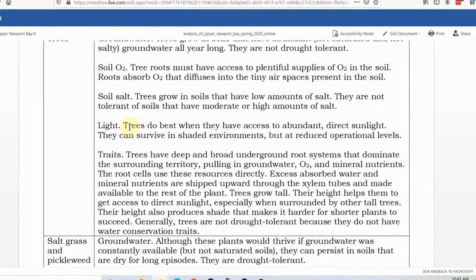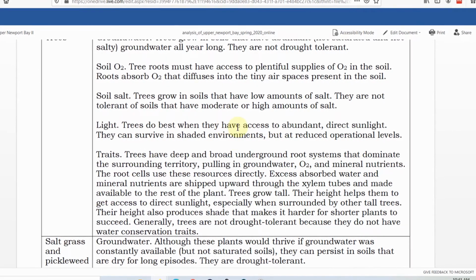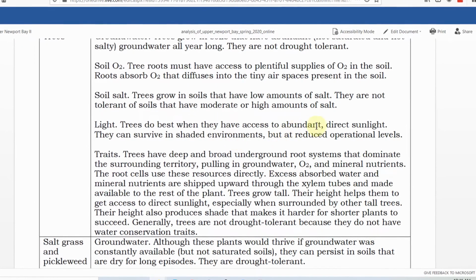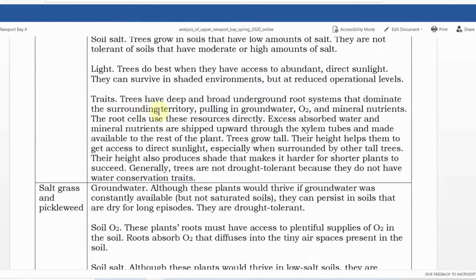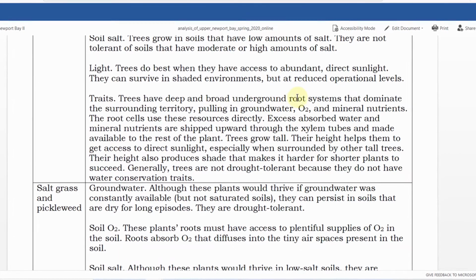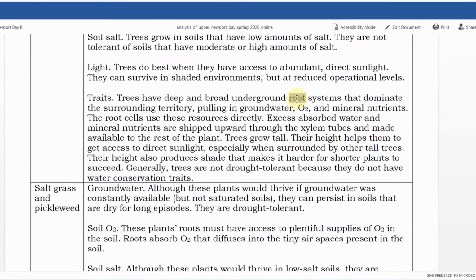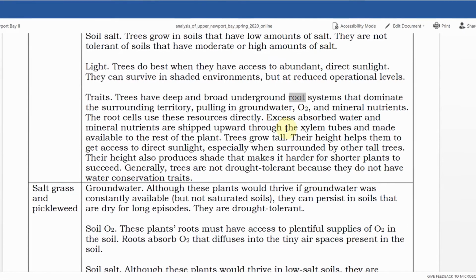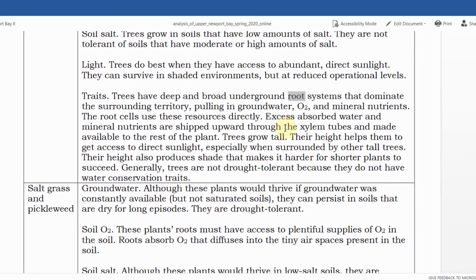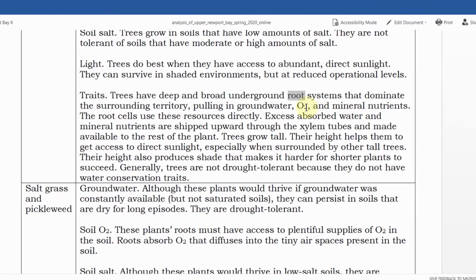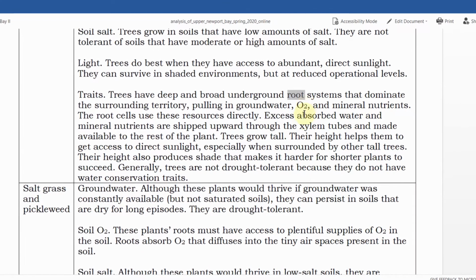As far as light goes, trees need to have access to abundant direct sunlight. Let's talk really quickly about some of the traits they have. They have deep, broad root systems that allow them to get access to deep groundwater, mineral nutrients and molecular oxygen.